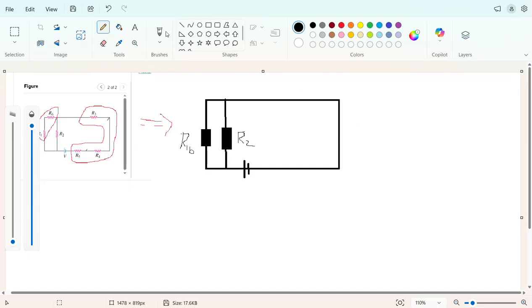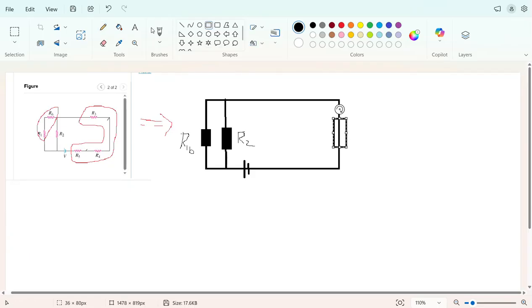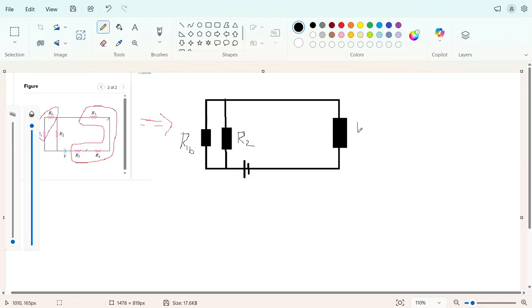Over here, we have another simple series component, and that one I'm going to label R3,4,5. Since these are in series, we would simply add those resistor values up. There's your R16.